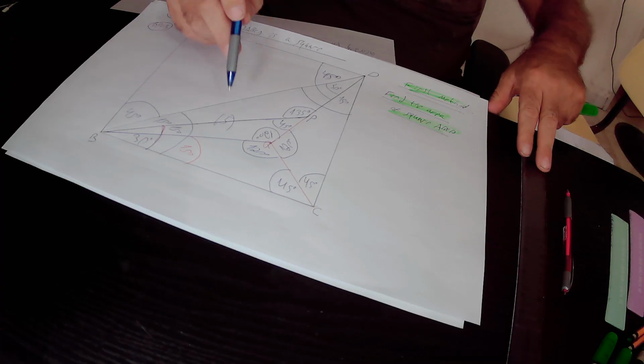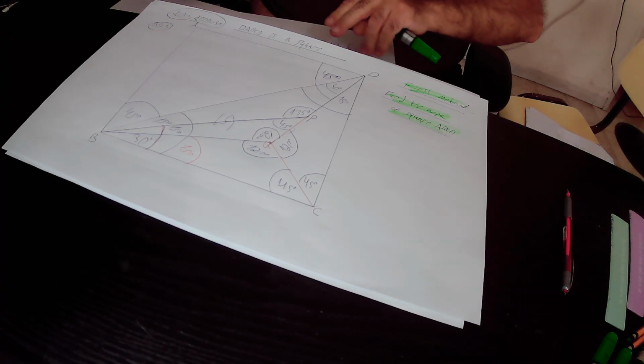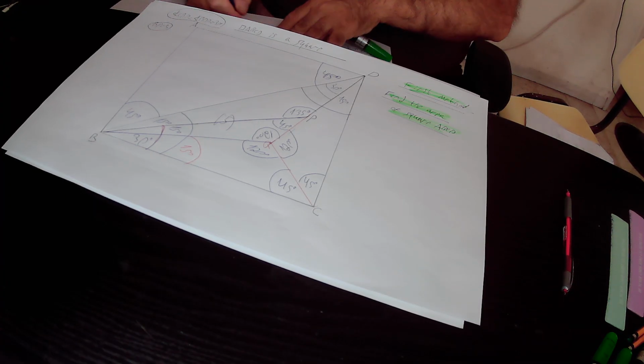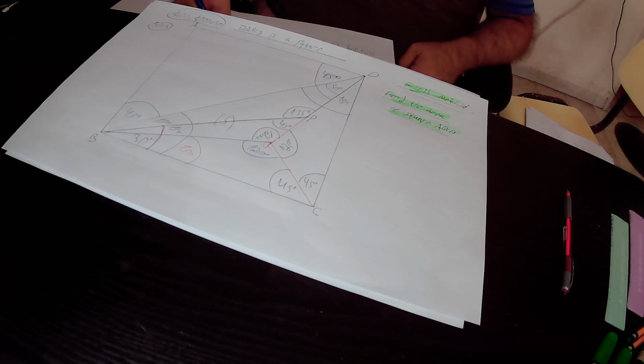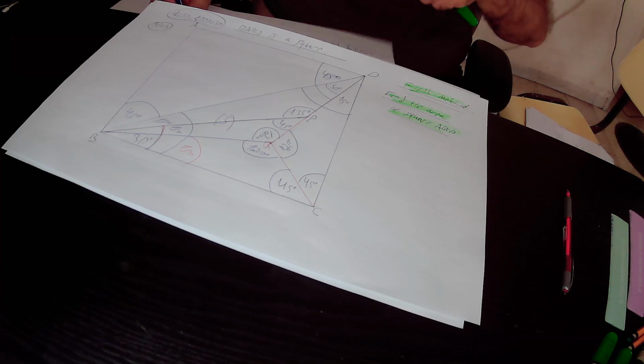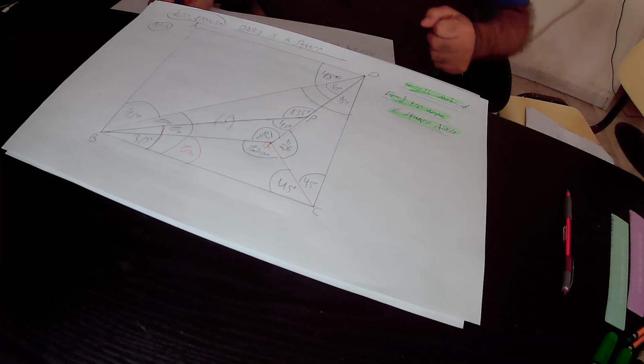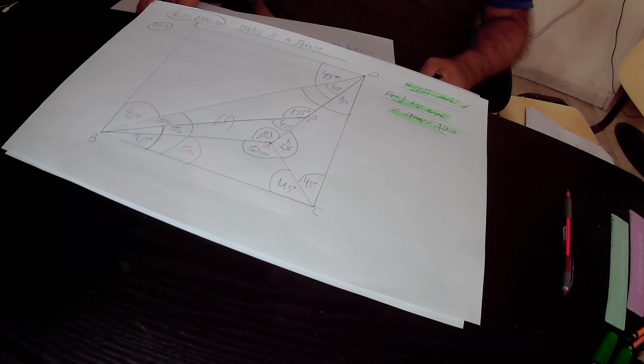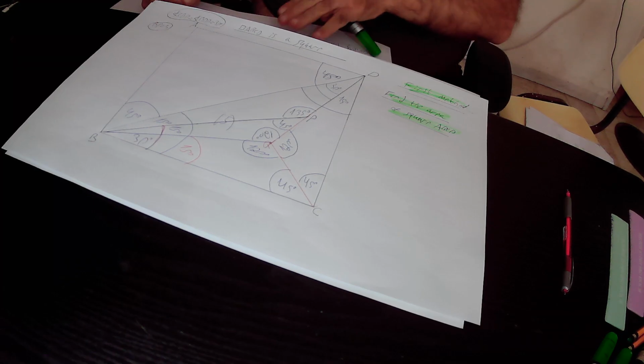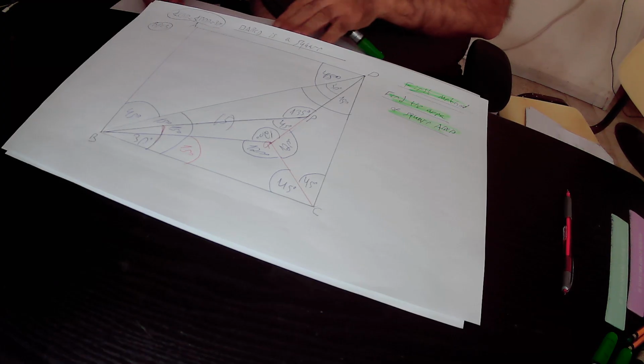So to prove that the triangle PQC can go to this triangle PQB according to angle side angle rule.